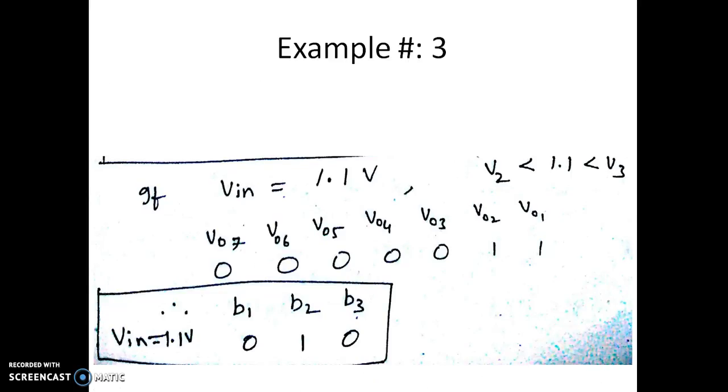Similarly, you can try out an example where the input voltage is 1.1 volt. This 1.1 will be lying between V2 and V3. We can actually find out what V2 is. This is 1.5 LSB and this is 2.5 LSB. So how much is LSB now?